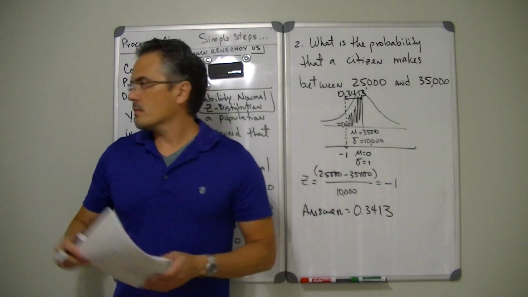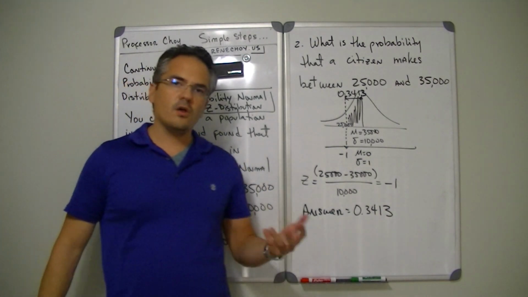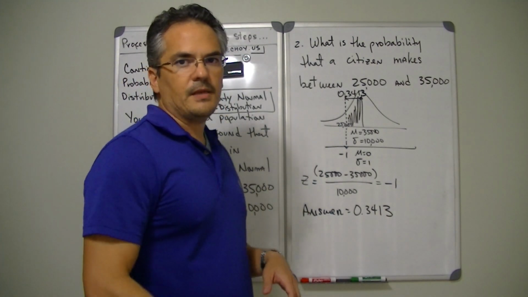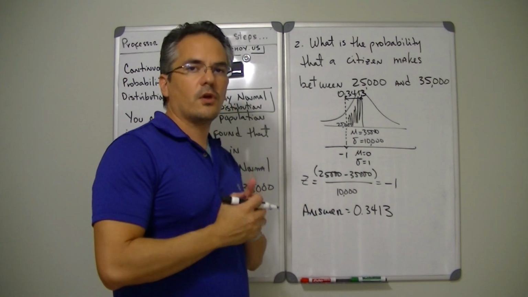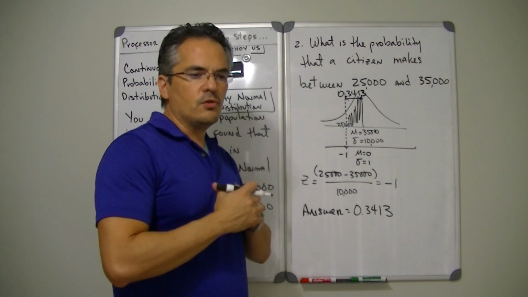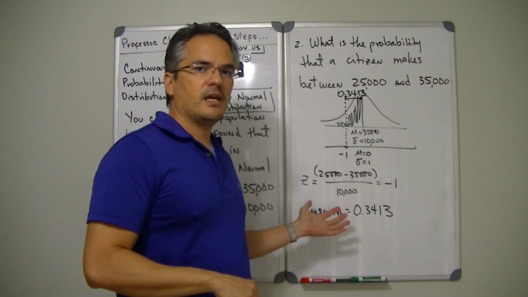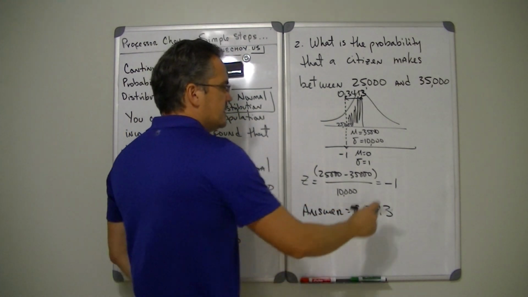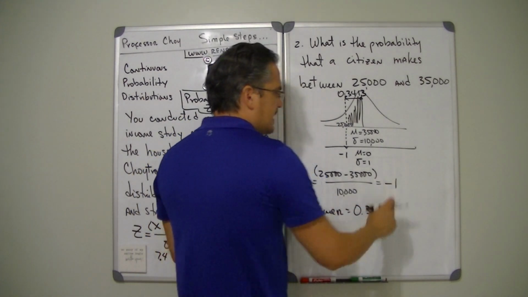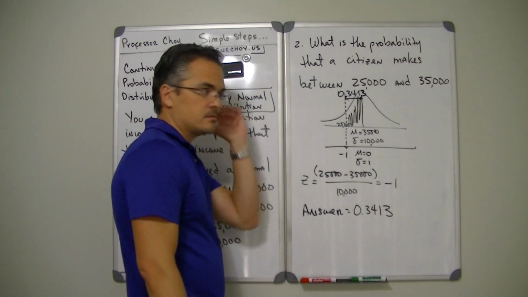All right, now, if you remember on one of my other videos where I was explaining the empirical rule, you can find some of these answers faster, then you would have already known the answer to that. Because this is one standard deviation to the left of the center.